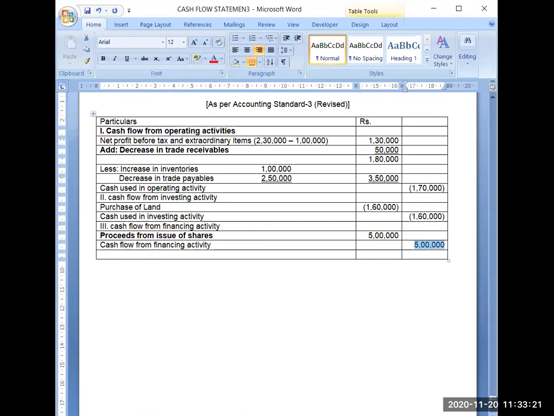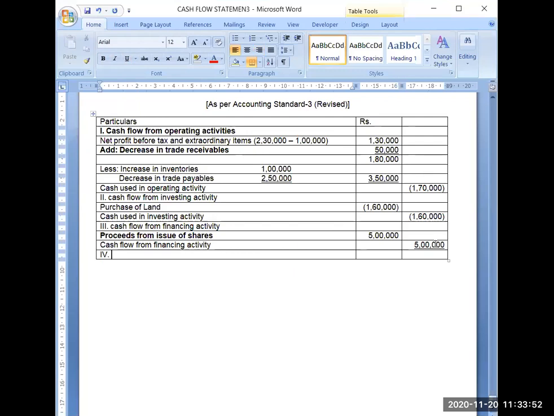Now we will add these all three, and we will calculate the net increase or decrease. So we first check. See, there are two negative items. It will be totaling to 3,30,000. So inflow is more than outflow.